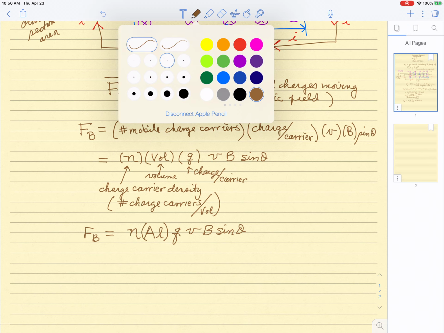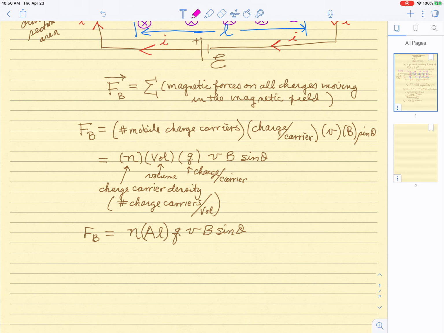However, we might remember that N, A, Q times V can be bundled together. This will be L, B, sine of theta. And you might recognize this as the current. That's going to be the current times the relevant length of the wire, times B, times the sine of theta, and that's going to be the magnetic force.